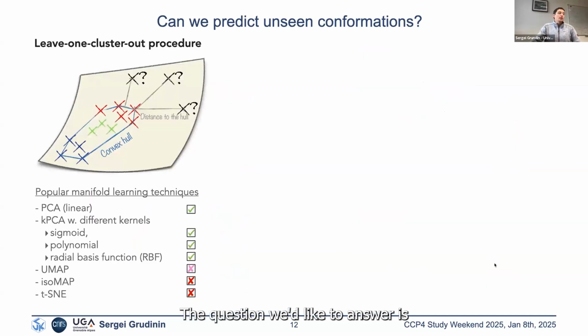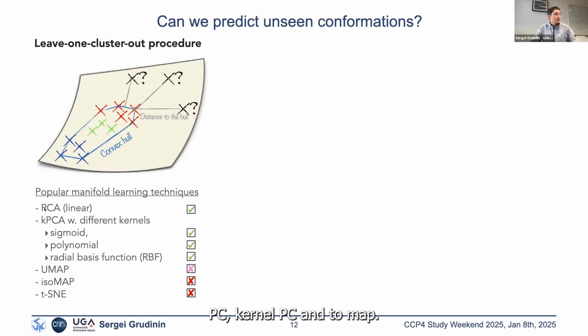The question we'd like to answer is, can we predict unseen conformations using classical manifold learning techniques? These techniques include the linear PCA, the nonlinear PCA, or even maybe some more recent techniques such as UMAP, ISOMAP, or t-SNE. Unfortunately, we were not able to use ISOMAP and t-SNE because we cannot reconstruct the original space from the latent space.